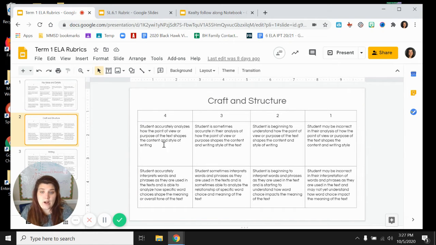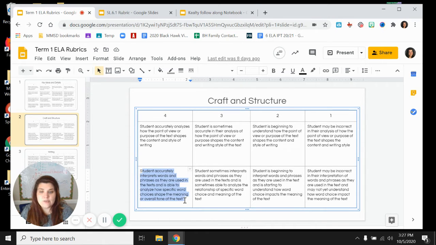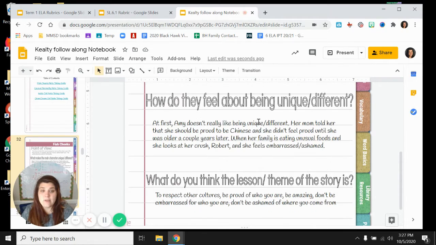Let's say now that I'm looking at craft and structure. Student accurately interprets words and phrases as they are used in the text and is able to analyze how specific word choices shape the meaning or overall tone of the text. Let's say that I want to think about how Amy feels about being unique. Let's say I know that she is embarrassed by her father belching and the minister belching because she gets really red in the face and she squeezes down into her chair and she is like, oh my gosh, and then she's silent for the rest of the night.